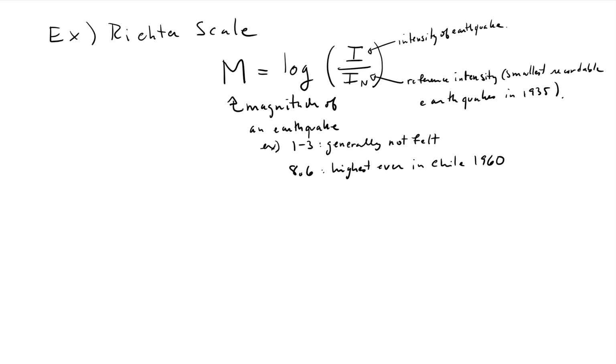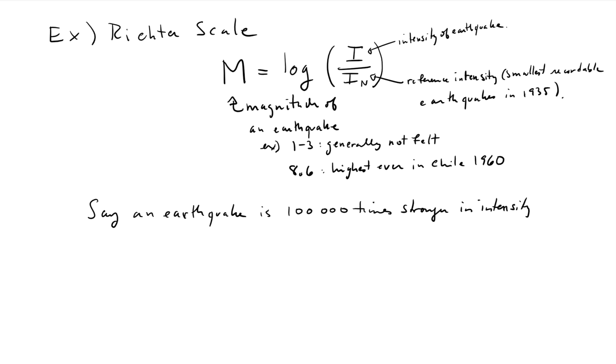Okay, so then let's try to understand how that scale works. Say you have an earthquake and it's 100,000 times stronger in intensity than the reference earthquake, the smallest possible in 1935.